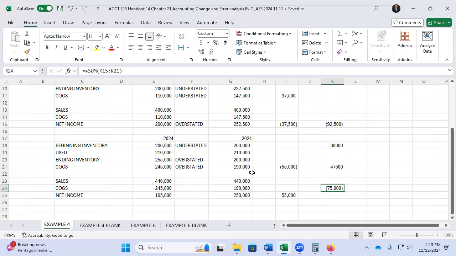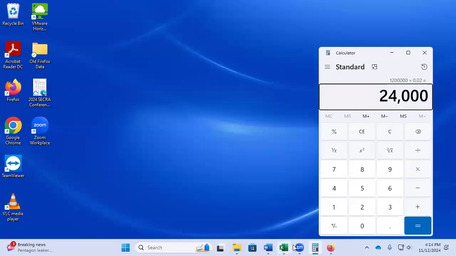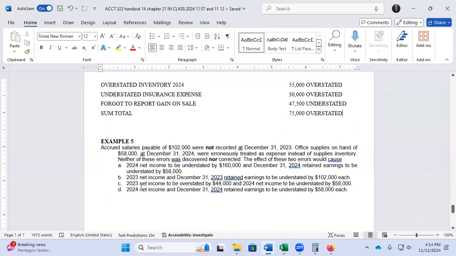When you take the 92,000, these two inventory issues, and then you add the insurance issue and the truck issue, you get the 75,000. So I'll put that out there if you want to look at it. It's a challenge. Don't spend too much time on this. Just know that they're tough. And I try not to compound the years, and I won't do that on your exam.